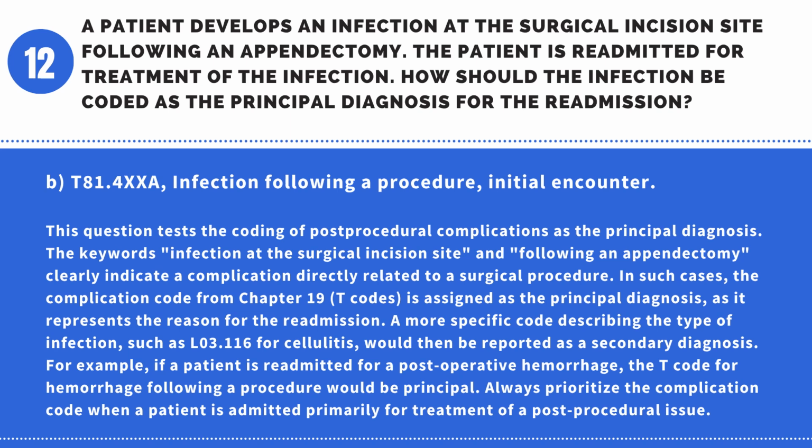A more specific code describing the type of infection, such as L03.116 for cellulitis, would then be reported as a secondary diagnosis. For example, if a patient is readmitted for a postoperative hemorrhage, the T code for hemorrhage following a procedure would be principal. Always prioritize the complication code when a patient is admitted primarily for treatment of a post-procedural issue.